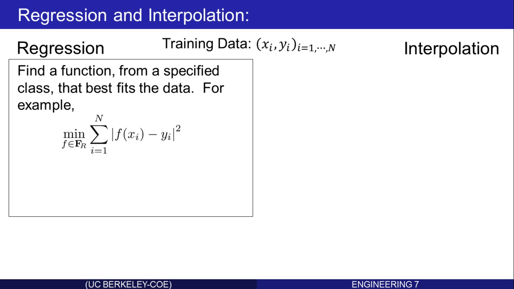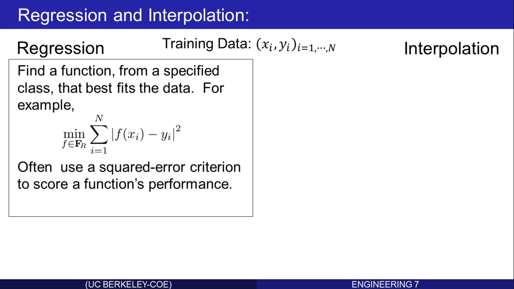And then the error is characterized as the sum of squares of differences between what the function evaluates to at xi as compared with what yi was. So we're trying to find a function that maps the x training data into the y training data, but the function is limited. We're only able to select functions from a specified class, and that's what f sub r denotes.